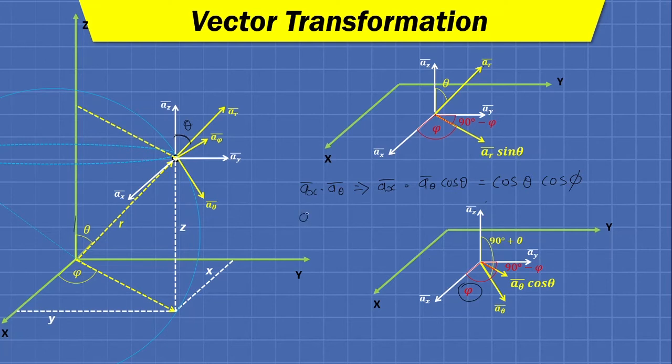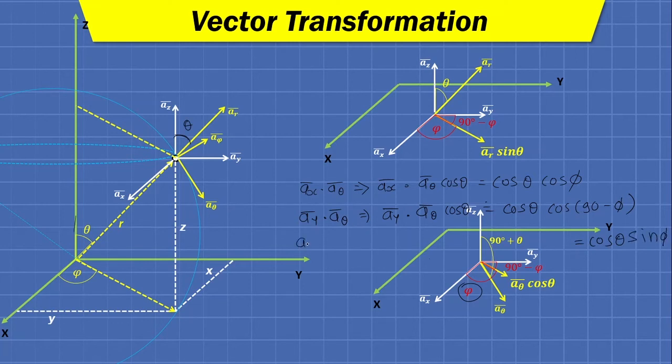Similarly, ay bar dot a theta bar cannot be calculated directly, so we use the projection of a theta on the xy plane. So cos theta will be there, and here the angle between y and a theta cos theta is 90 minus phi, which gives sin phi. So this dot product will be cos theta sin phi.